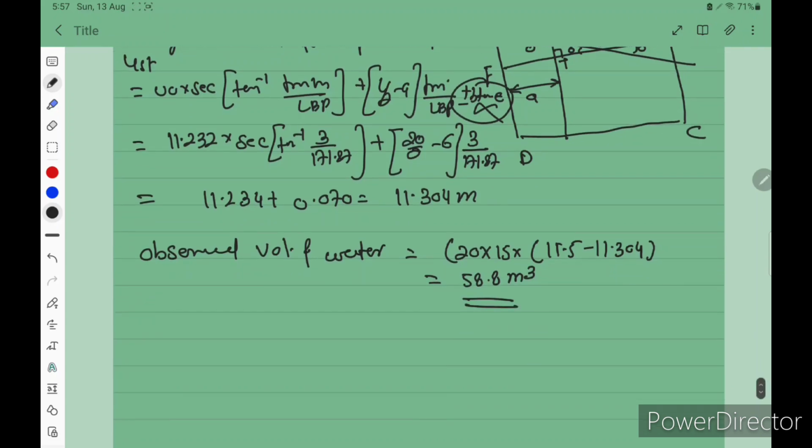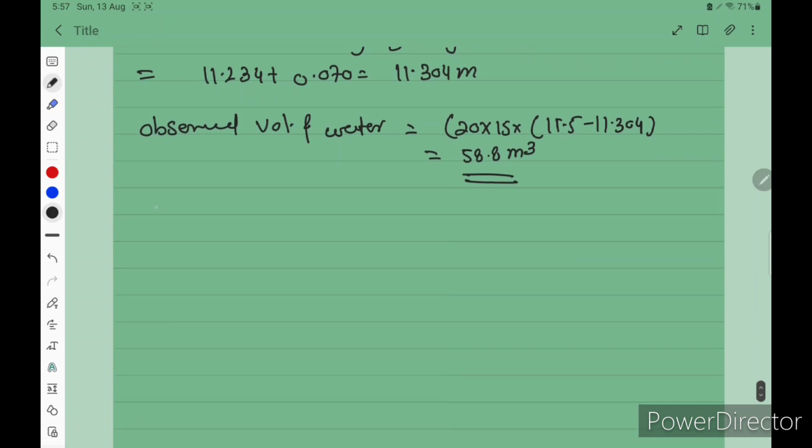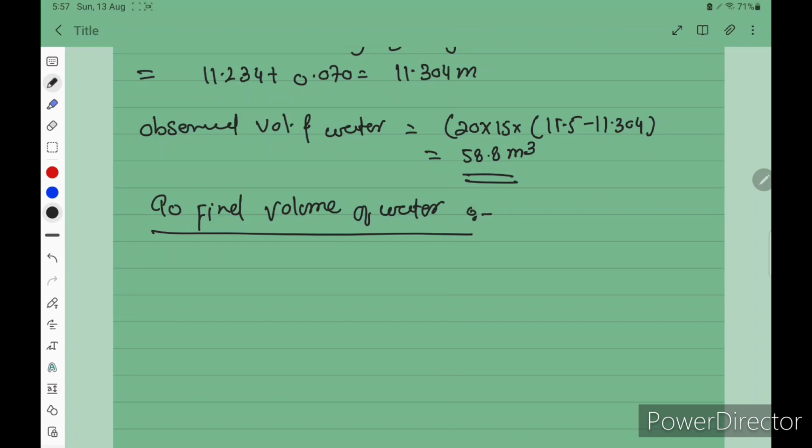Now we have to remove the water, so we have to find out the quantity, the volume of water. So to find the volume of water, make another diagram. Trim by stern.